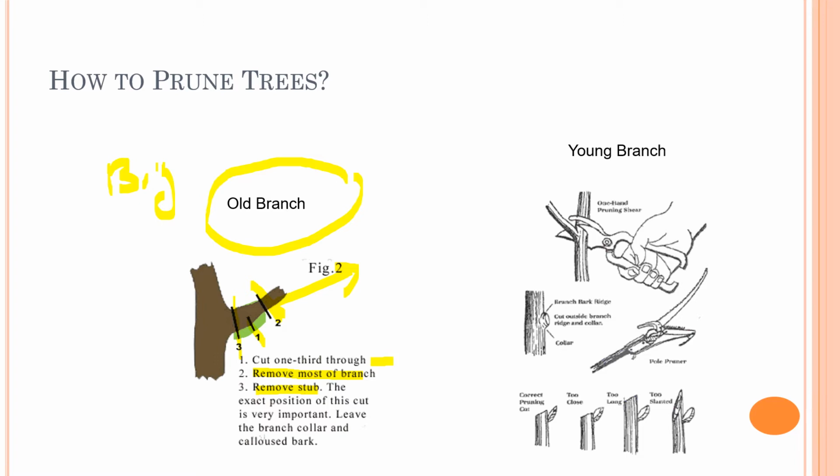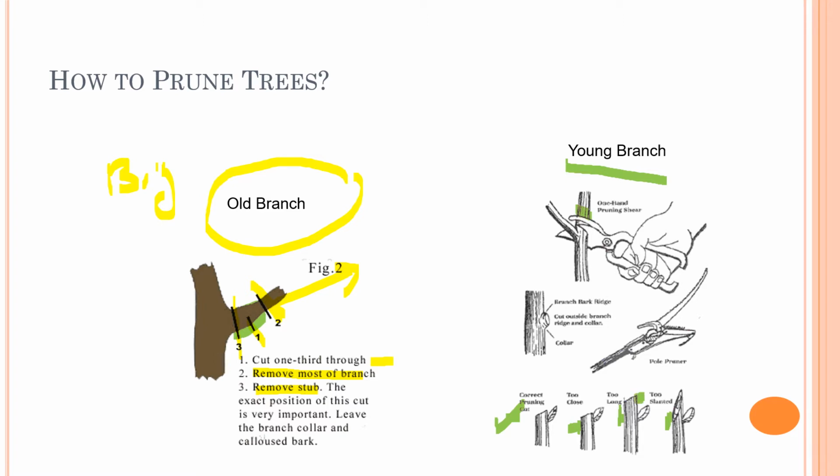Whereas if you have a younger branch like this one here, all you have to do is cut above the bud. Make sure you don't come too close or too far. Like this one is too far, this one is too close, this one is too slabby. So the correct one is this one, which leaves a little bit of space, but not too close like this one and not too far like this one.